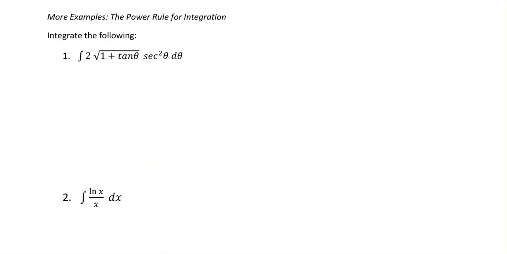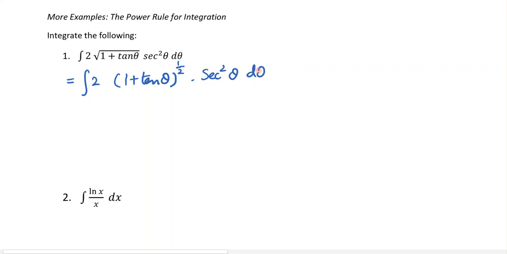Let's do some more practice problems for the power rule. So let's take a look at this one. I'm just going to rewrite this. So we have the integral of 2 times 1 plus tangent theta raised to power 1 by 2 times secant square theta d theta.